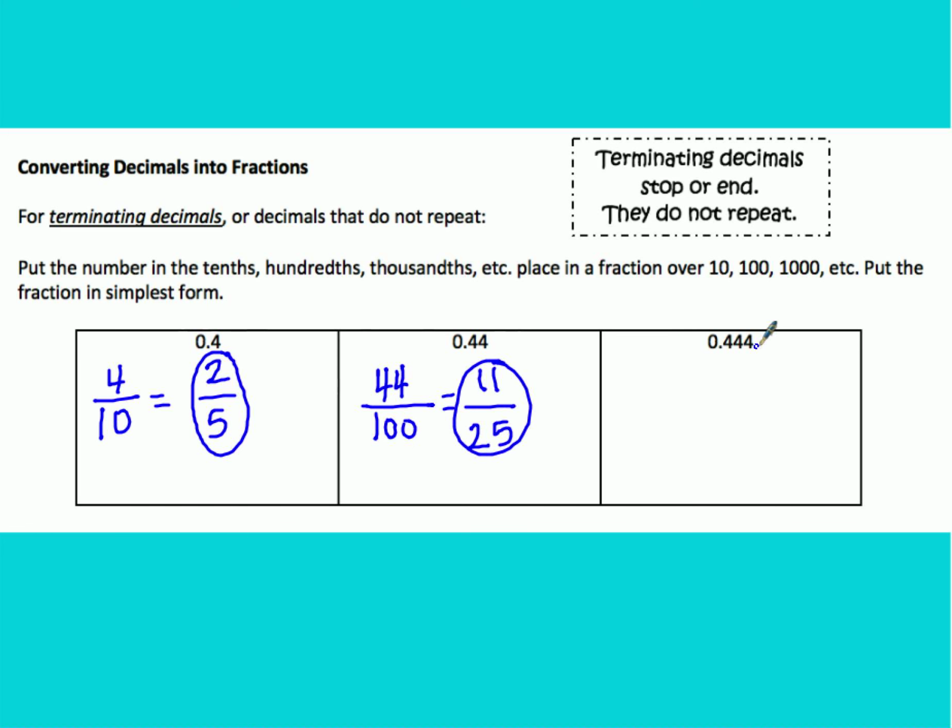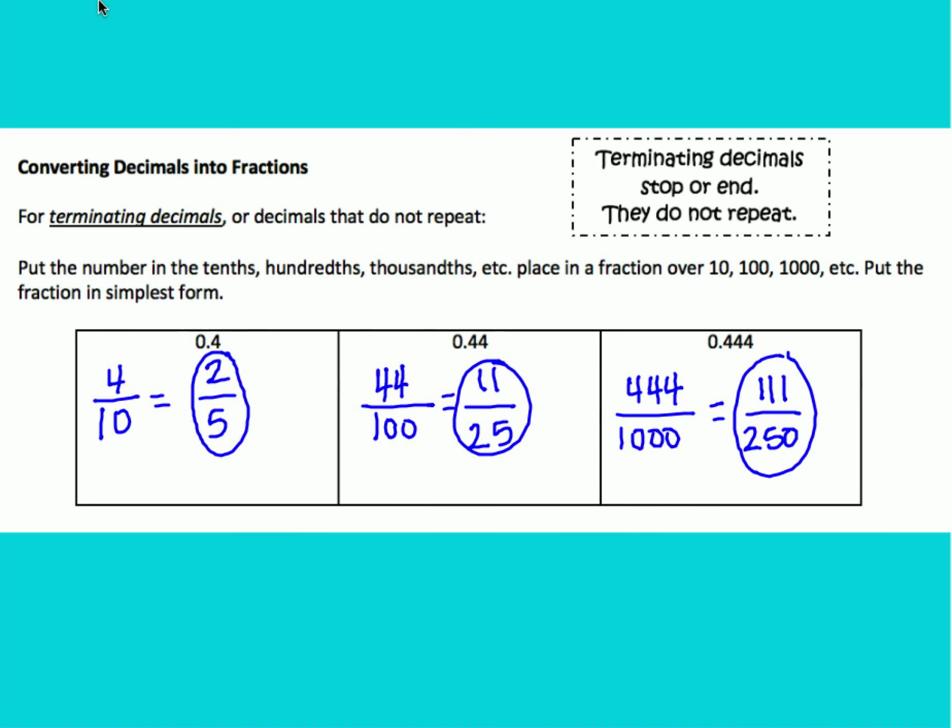Finally, this one, 444 thousandths, where it's 444 behind the decimal, and it's in the thousandths place, so we put it over 1,000. These are, again, both divisible by 4, so 111 over 250. So 111/250 is how we would say that. So that would be our fraction, and that's how you change your decimals that are terminating into fractions.